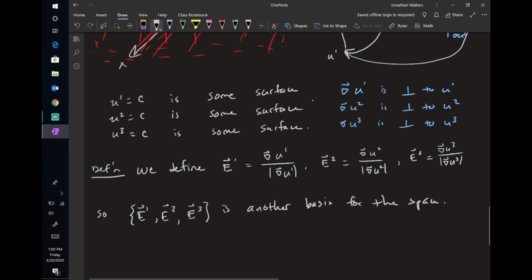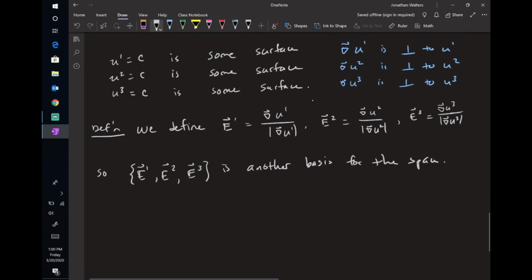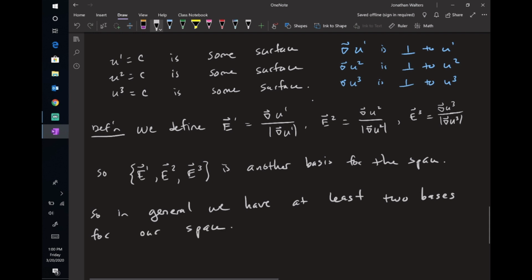All vectors in the space could be represented as some combination of these three vectors. So in general, we have at least two bases for our space. Lowercase e1, e2, e3 were the tangent vectors.